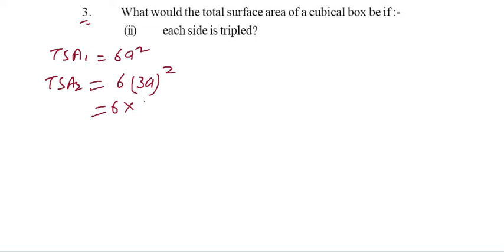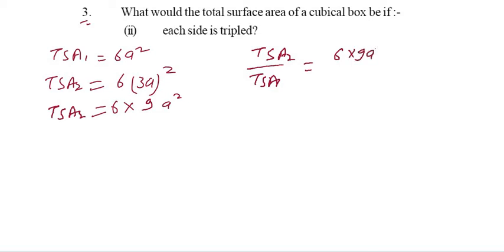That means 3 3s are 9. TSA2 is 6 into 9A square. Now divide here. So TSA2 divided by TSA1. So it is 6 into 9 of A square and here is 6A square. 6 will be cancelled out. A square will be cancelled out. So we get 9. So TSA2 upon TSA1 is 9.